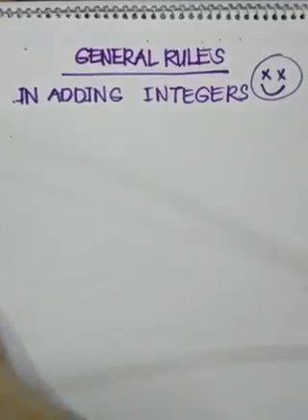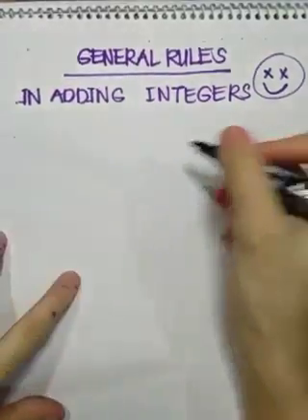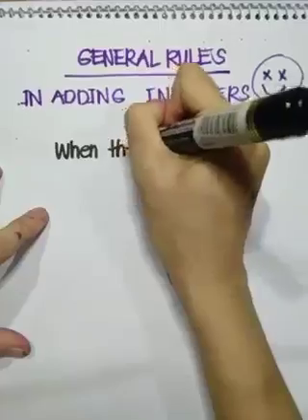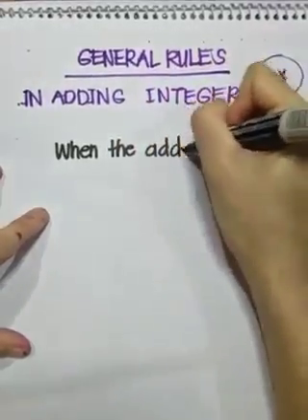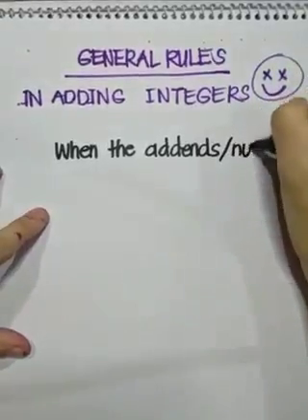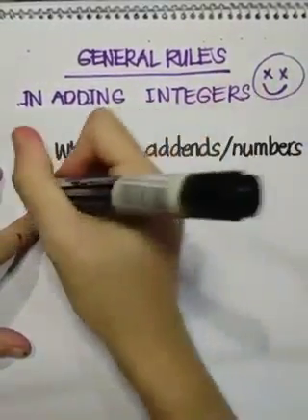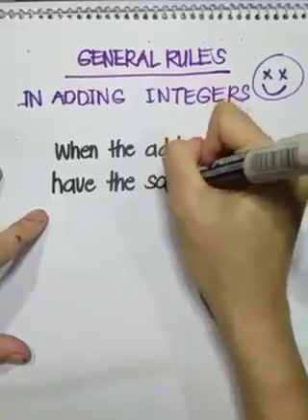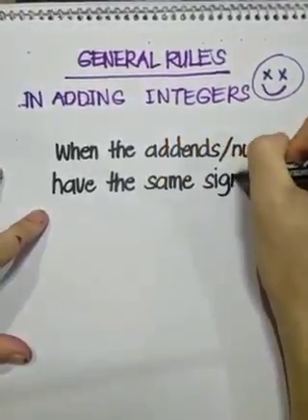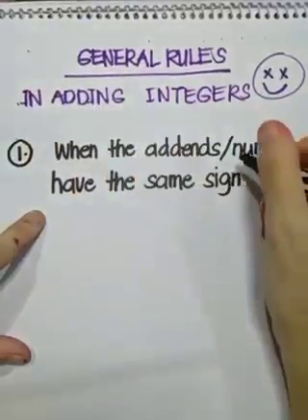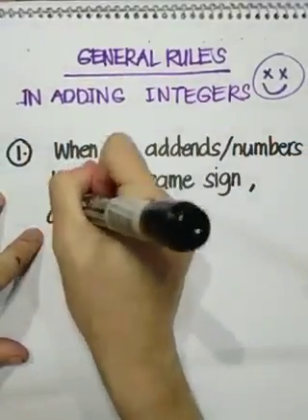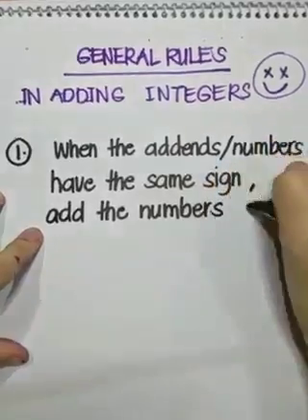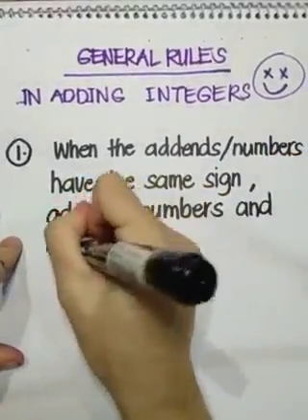Based on the examples I gave, when the addends or the numbers have the same sign, we will add the numbers or the addends and copy the sign.